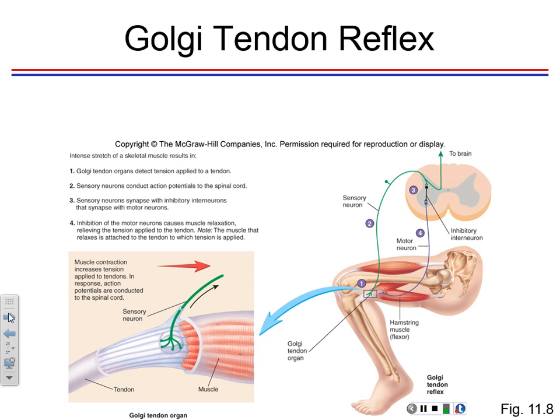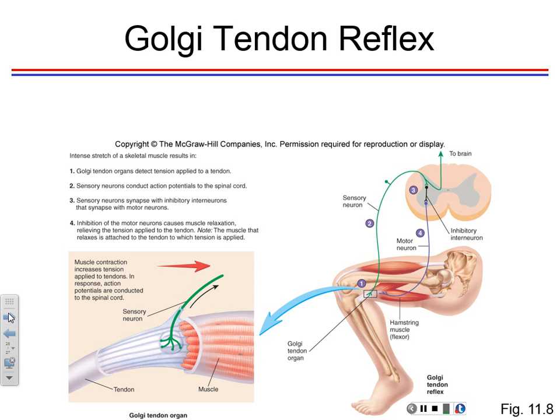Usually, if you're withdrawing one leg but you're standing on both legs, it comes with another one. So it will have a bunch of interneurons, but maybe just the withdrawing part may be simple, and I'll show you, because I think I'll only show you the withdrawal reflex, and it doesn't have an interneuron in between.